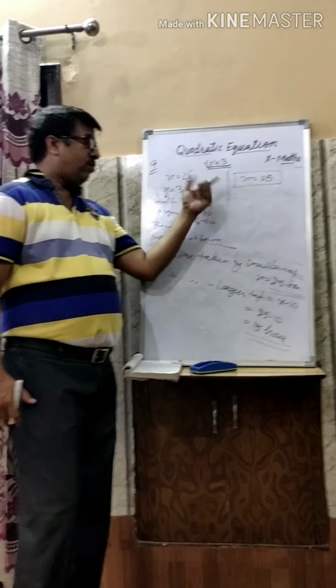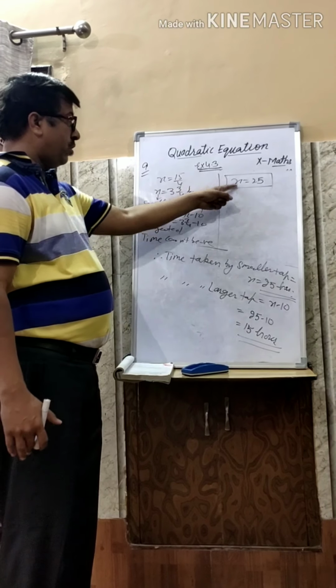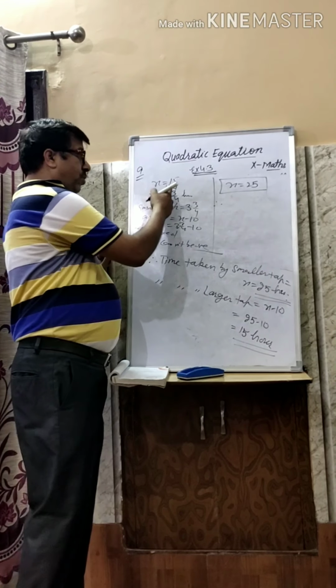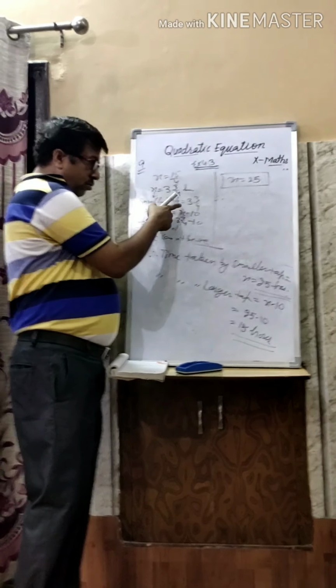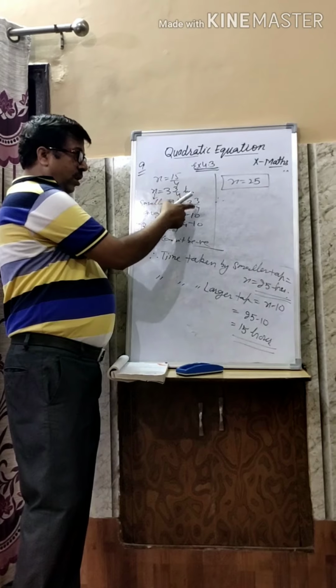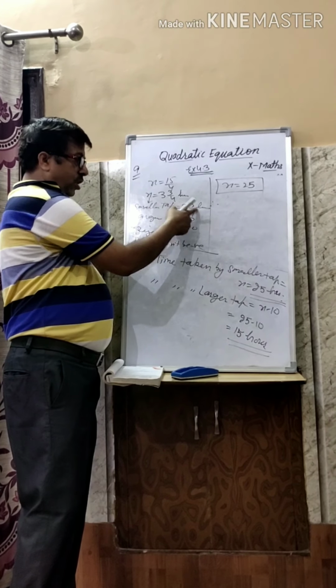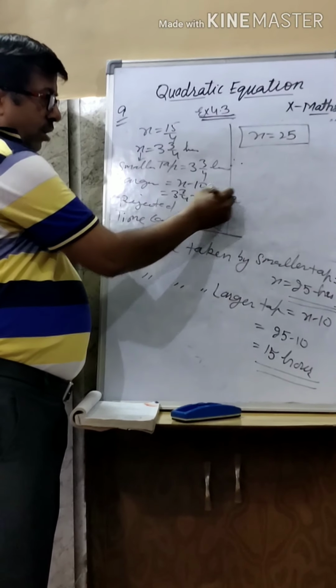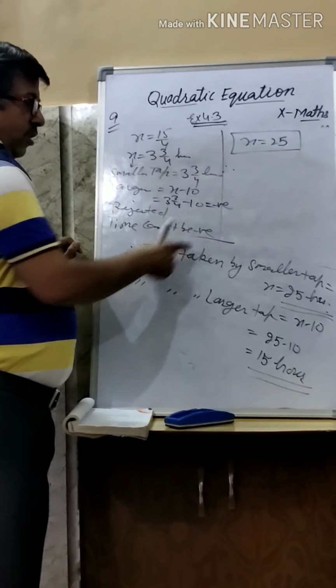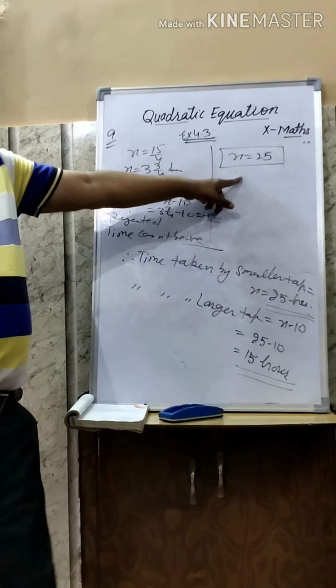Then we solved by the factorization method and got 2 positive answers. But one answer does not satisfy the condition because the smaller tap time is positive and the larger tap time is negative. So this is rejected because time can't be negative, and this is the valid answer.